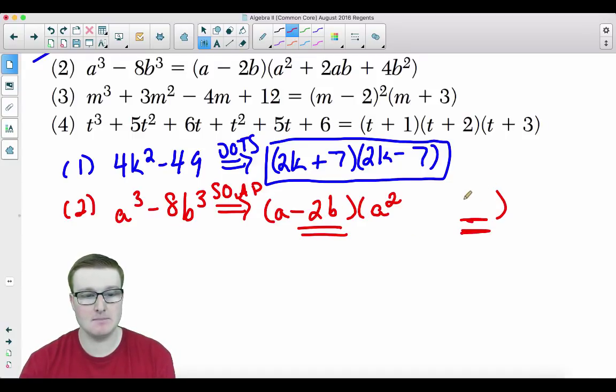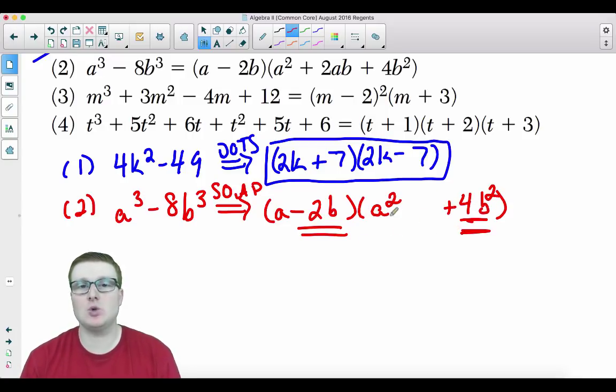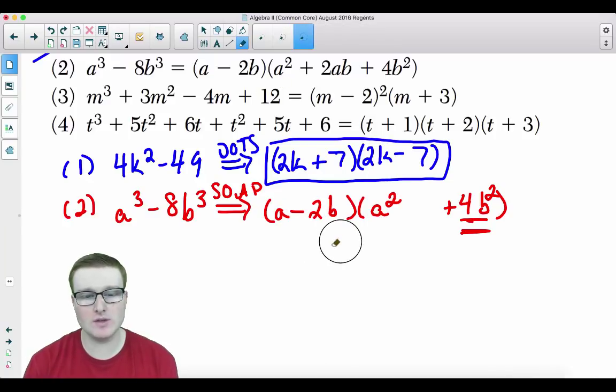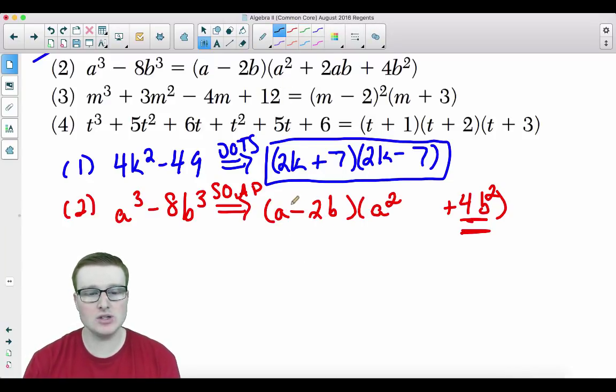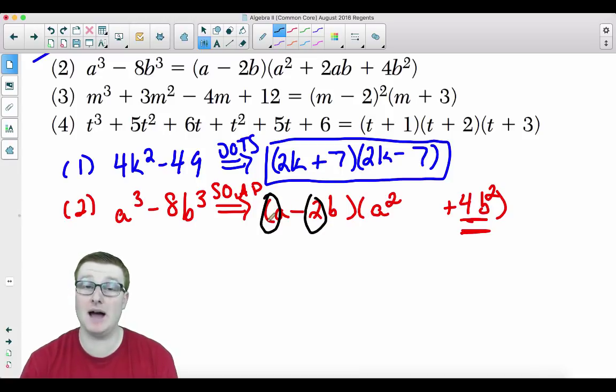That's going to be positive 4b squared. And what goes in between? The middle term is always the multiplication of these two numbers here, the positive 1 and the negative 2. When you multiply those together, you get negative 2.